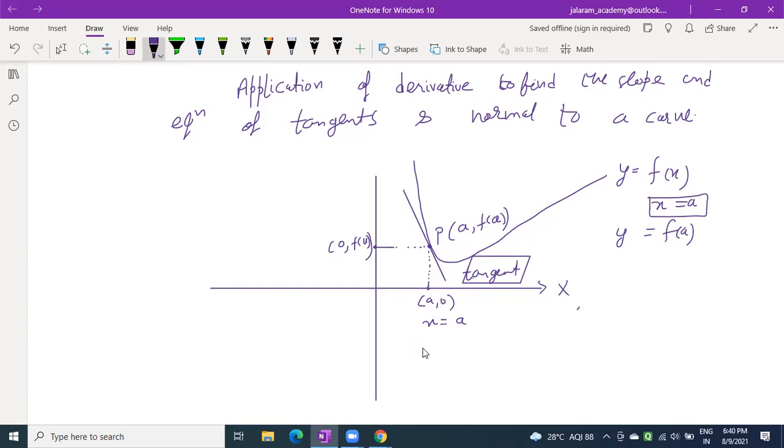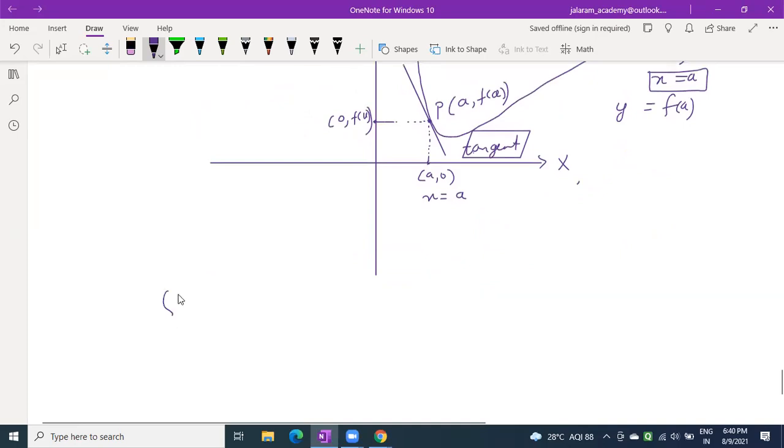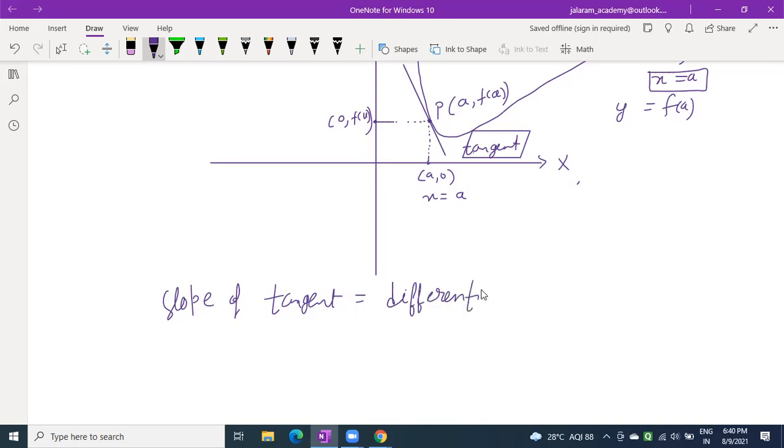And the slope of the tangent is given by the differentiation of y equals f(x).